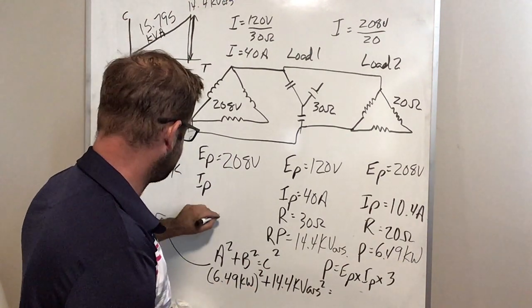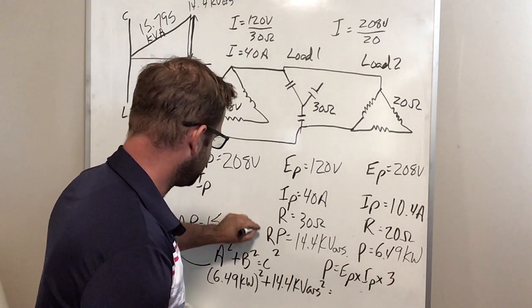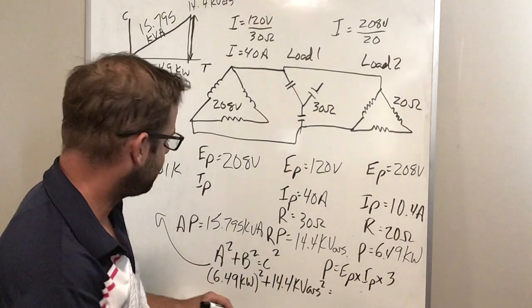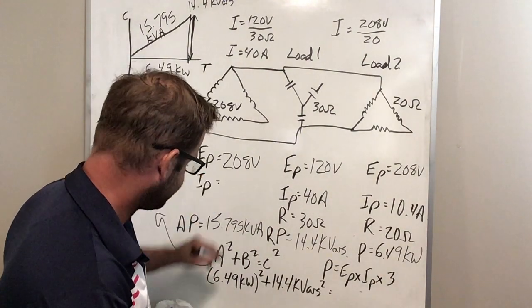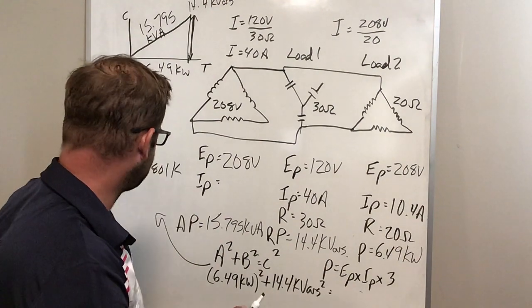So that is 15.795 kVA as our apparent power in the circuit. So I can do the same thing with the graph and Pythagorean theorem.